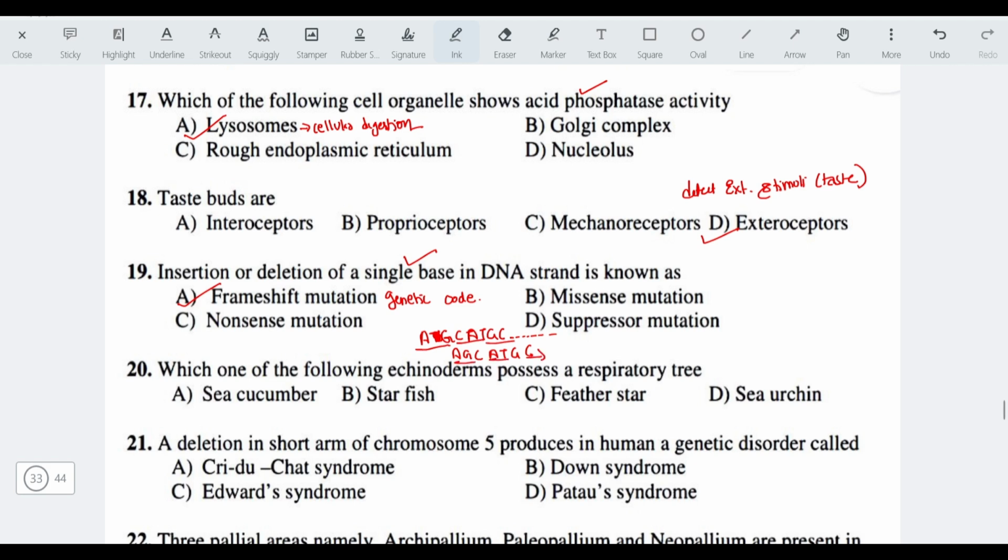So this is frameshift mutation, right? Next question: which one of the following echinoderms possesses a respiratory tree? The answer is C, sea cucumbers. Okay? And what is the role of the respiratory tree? Simple, gas exchange, respiration, okay?